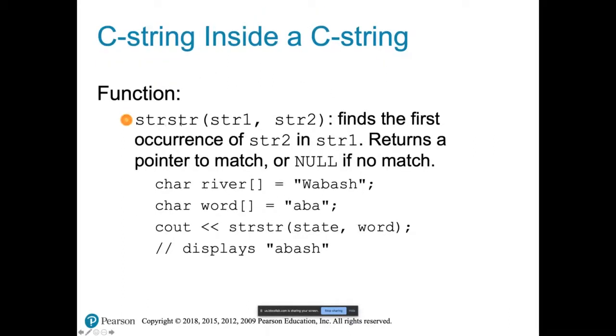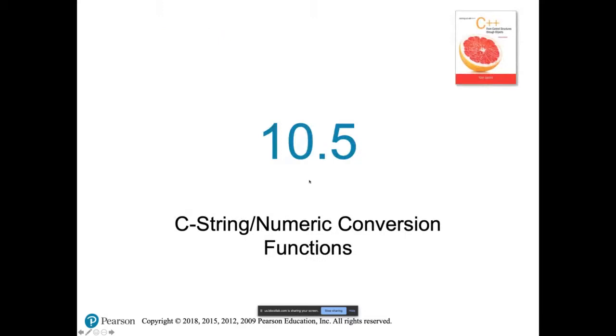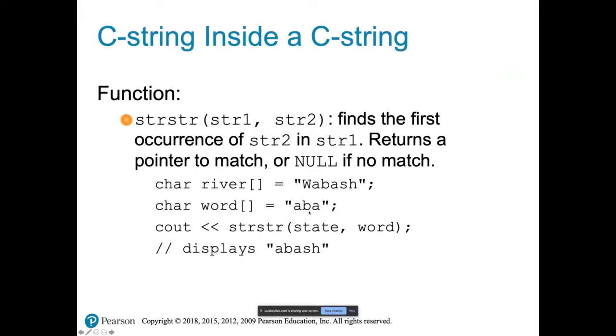strstr, to me this is like a search. Find the contents of string 2 in string 1, and it will return that location if it finds it. If not, it returns null. Like it's trying to find ABA, so it goes right here. So it finds ABA, the starting point right here, and then they're going to do strcat.